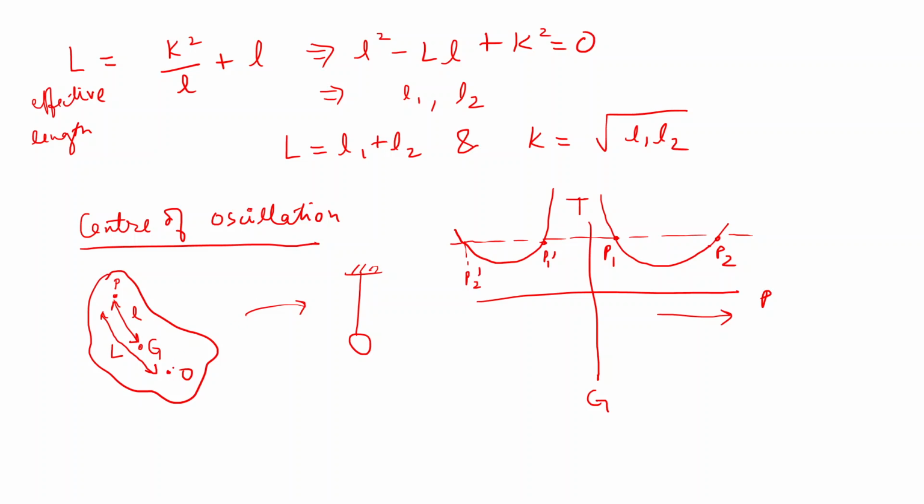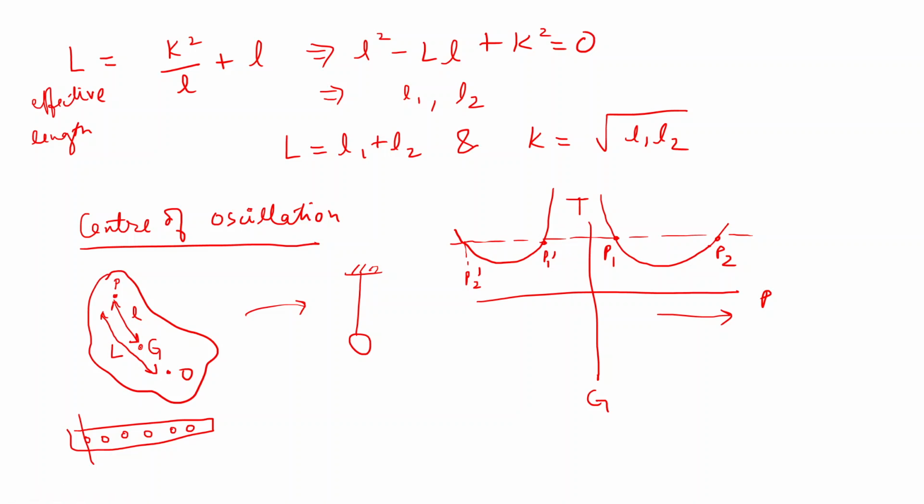It means there is such a point even when you're talking about this rod, this metal scale that we have. Somewhere there is a point of suspension, but there is some point from this G where the center of oscillation lies, and the time period is the same for all these 4 points.